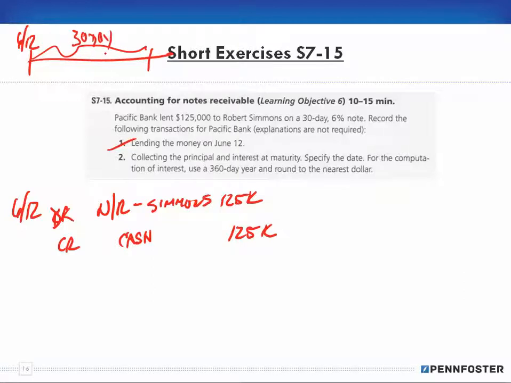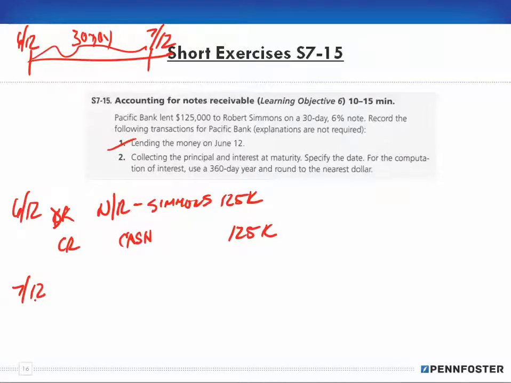June has 30 days in it, so that's going to make the maturity date 7/12. Notice I looked at the calendar and I said, how many days does June have? And it has 30 days. So 30 days later puts the collection at July 12th.